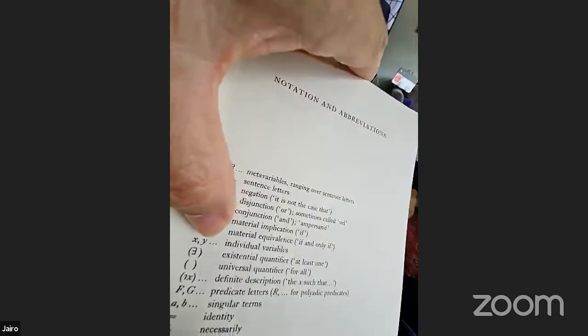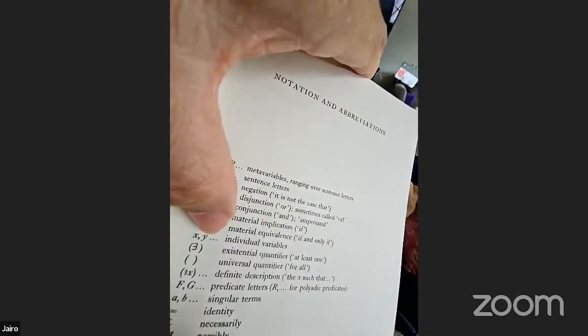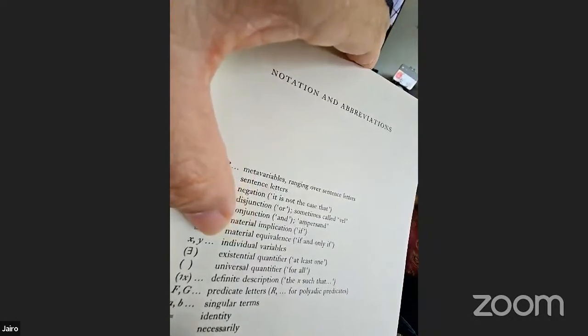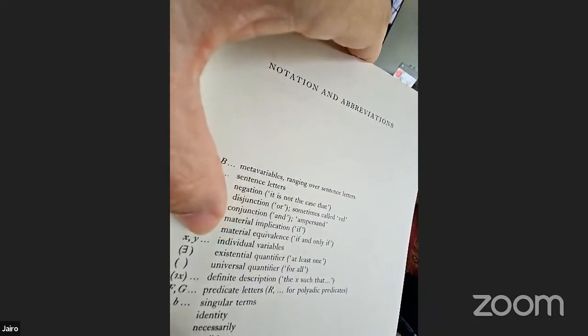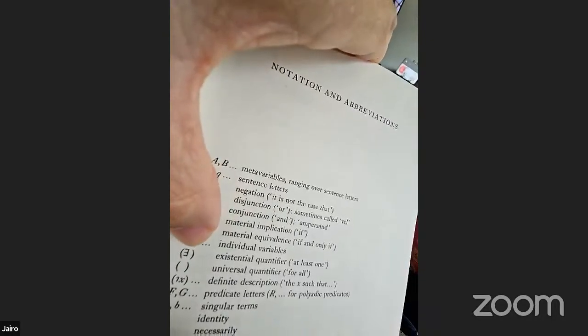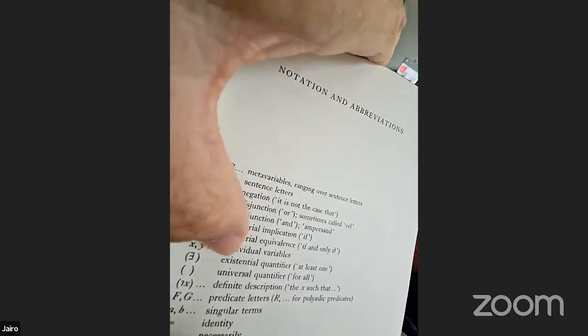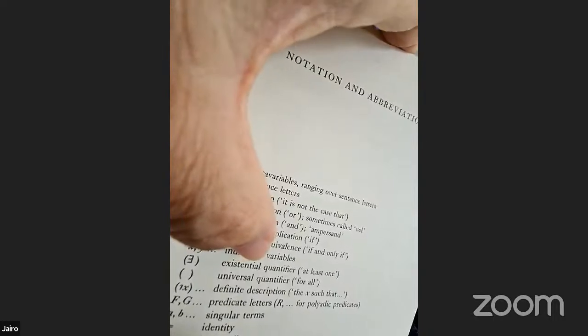Let's see. X, comma, Y. Oh, those are just individual variables. And backwards E. That's the existential quantifier. That means at least one.